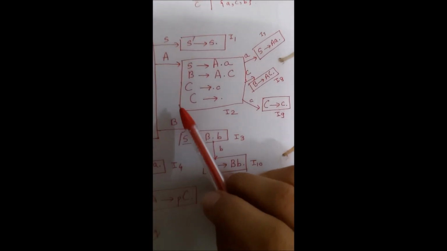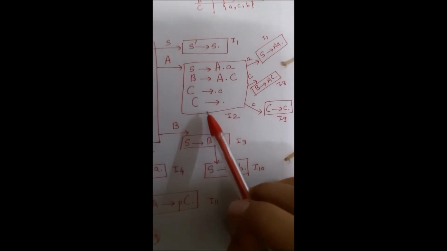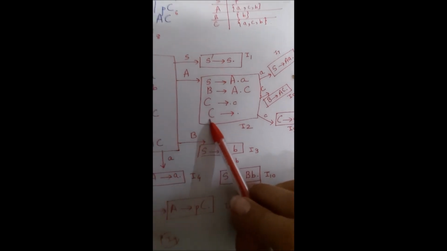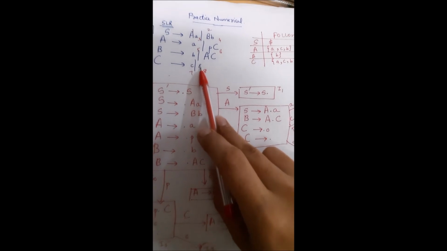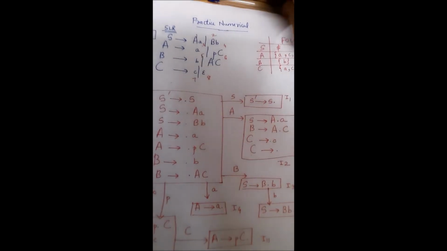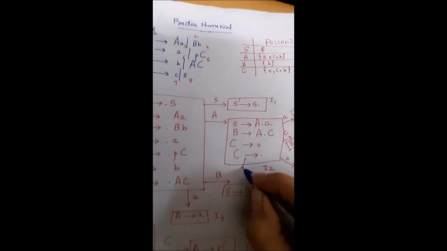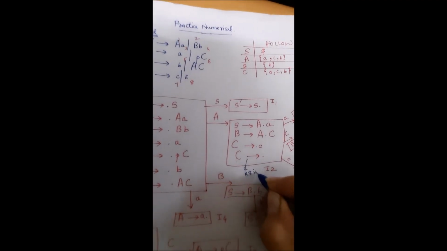So these are the entries till I2, but if you observe, I2 here has a production rule which has ended. The production number for C tends to epsilon is 8, so we'll write R8. So corresponding to C tends to epsilon, we have to write R8, but where to write that?